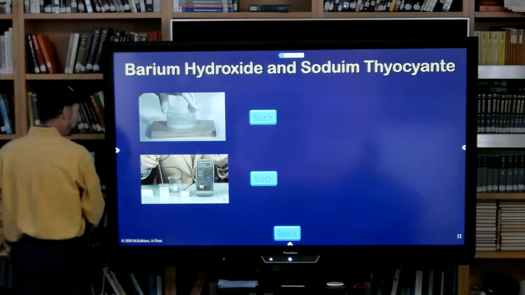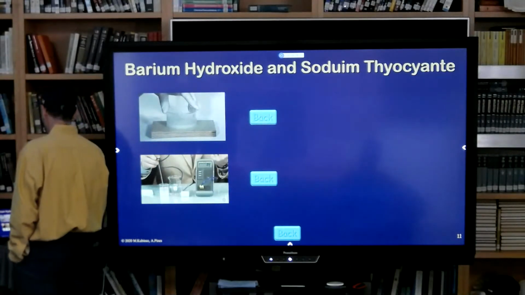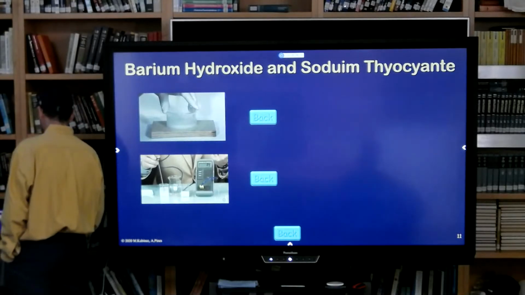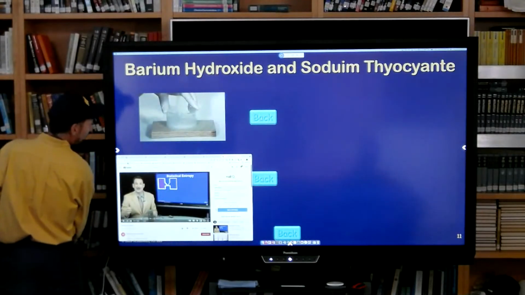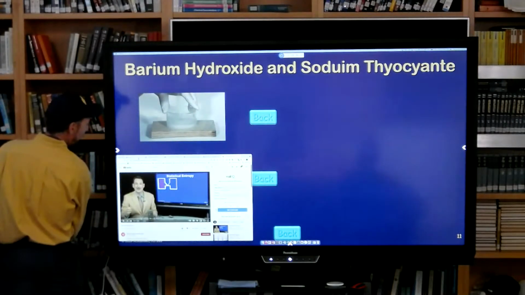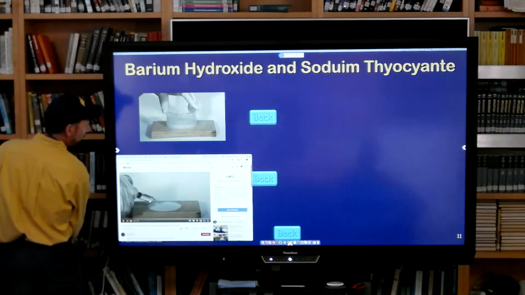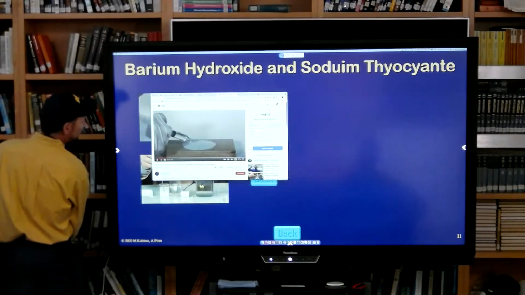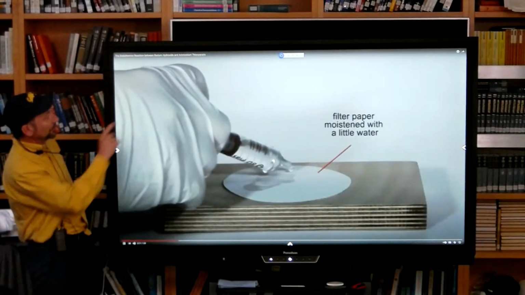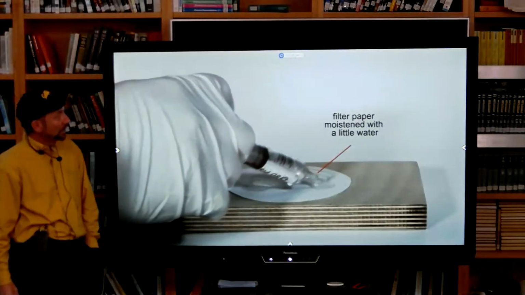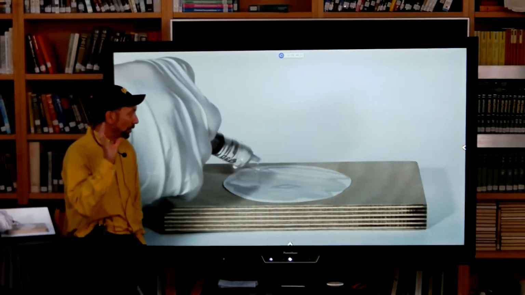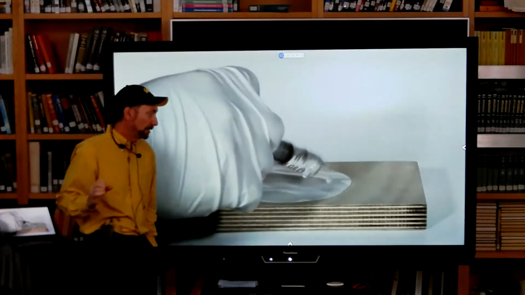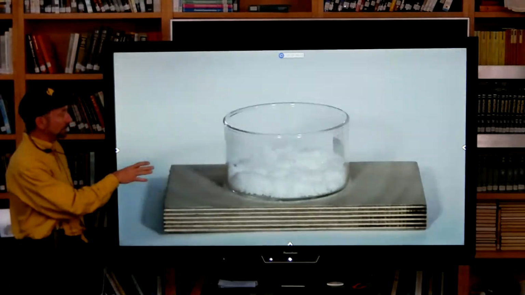And we can do these chemical reactions here. Let's just open the browser. Here, I'm going to show you a chemical reaction. This is annotated. A filter paper moistened with a little water, and we're going to take a beaker, put it on there.